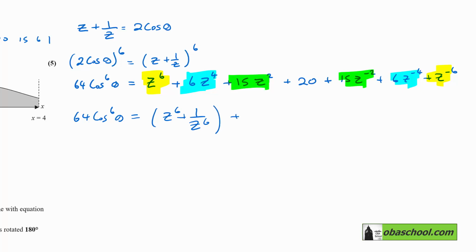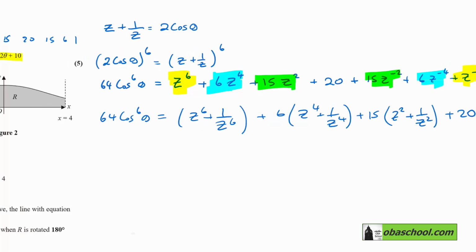And then we'll have 6 times z to the 4 plus 1 over z to the 4. And then 15 times z squared plus 1 over z squared. And then the 20 all on its own out here.